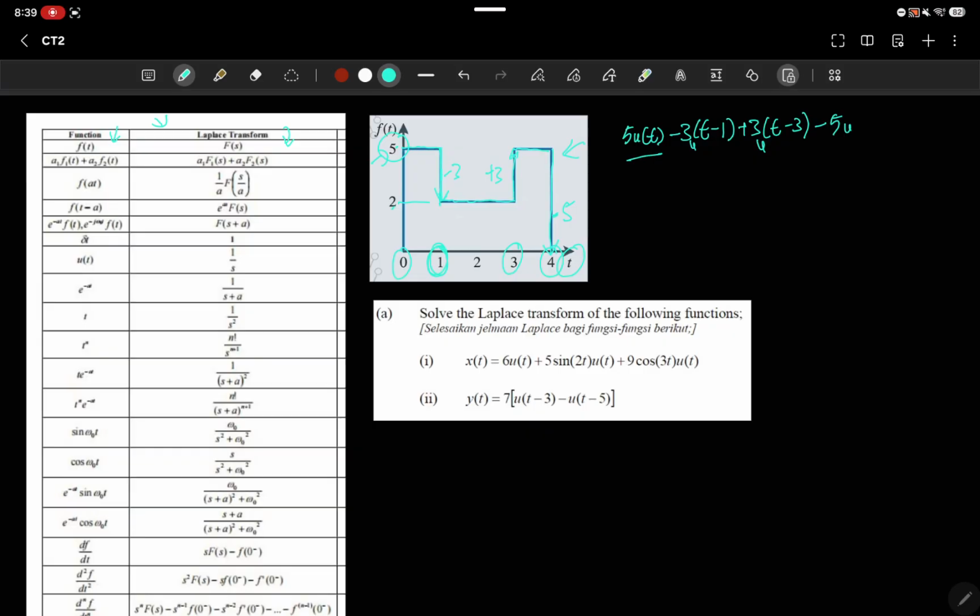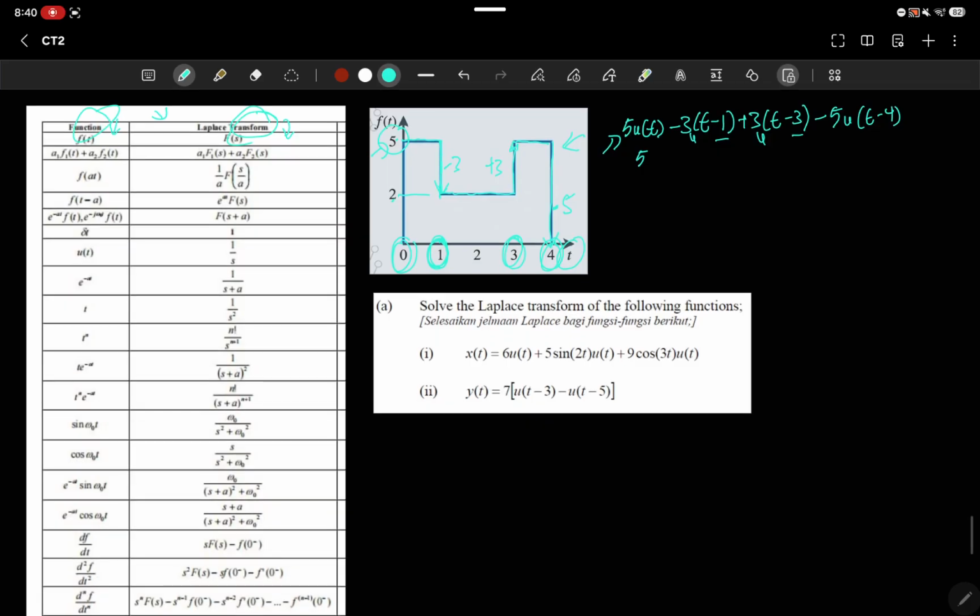The u(t) is at 0, so we don't write any time notation there, but here we see it's at 1, 3 and 4, so we need to write it. So u(t minus 4). Now this can be written in normal Laplace transform medium.